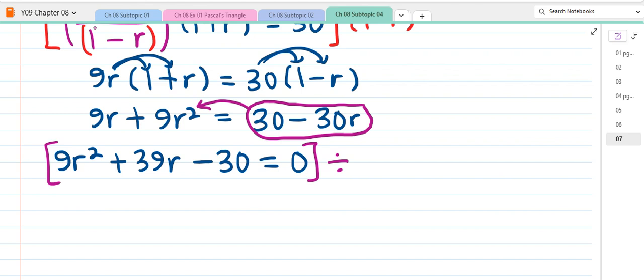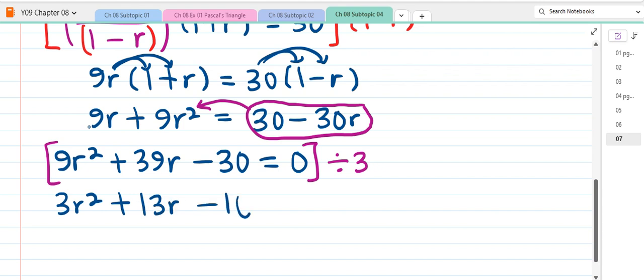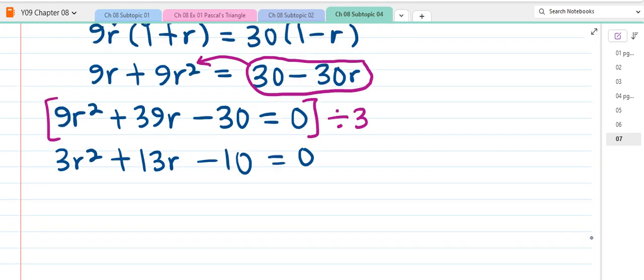The highest common factor to this equation will be 3. So here 3r squared plus 39 divided by 3 is 13r, 30 divided by 3 is negative 10, equals to 0.